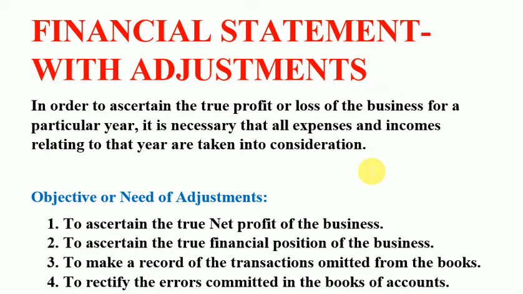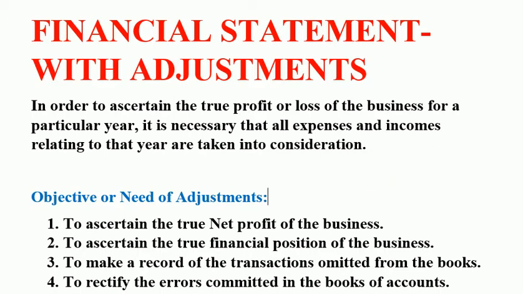So for all this, we should take into consideration all the expenses and incomes related to that particular year while recording all the transactions. Those expenses may be outstanding or prepaid, or those incomes may be accrued or unexpired. So all these expenses and incomes, whether paid or not, we should record in our books of accounts according to the accrual concept, the accrual accounting assumption, concerned with the current year.